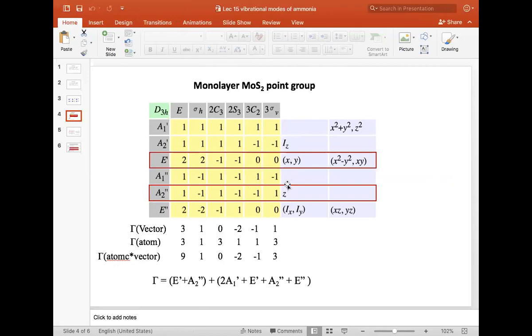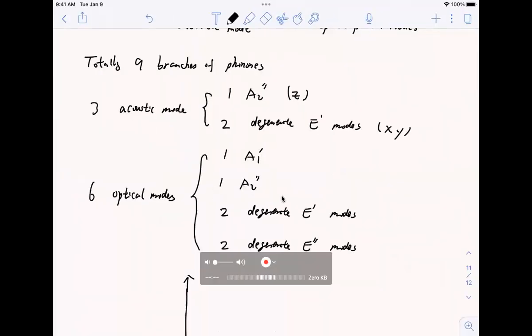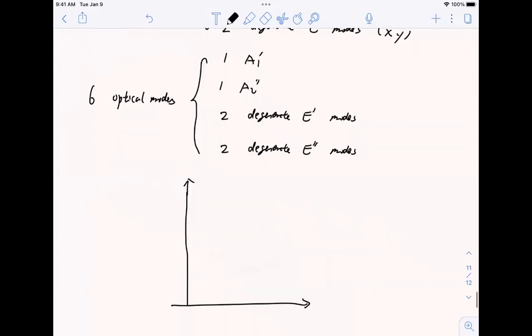E prime is XY, right? This is Z. So you expect Z and XY to behave differently. You expect something to go up like this, and the other two are somehow closer to each other. After you go away from the gamma point, they will break the symmetry, but because these two are related by symmetry, they won't be broken so fast. So you expect a dispersion like this.